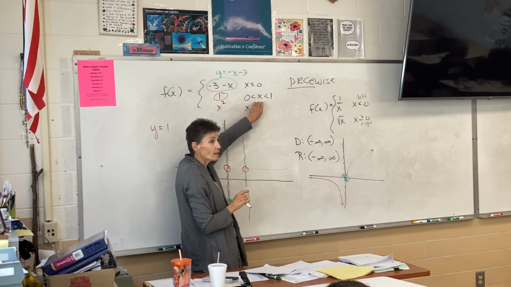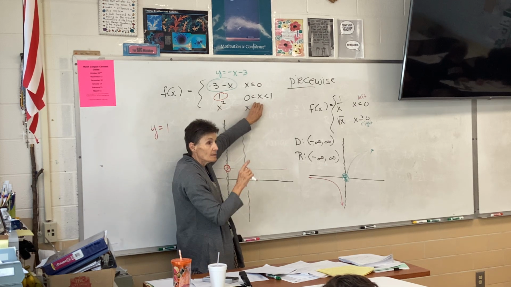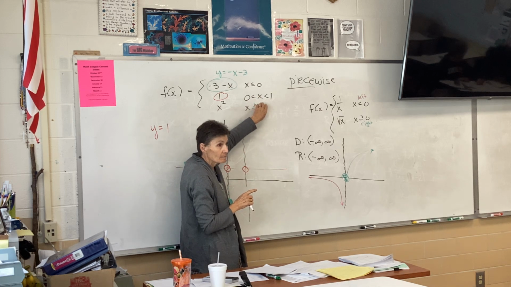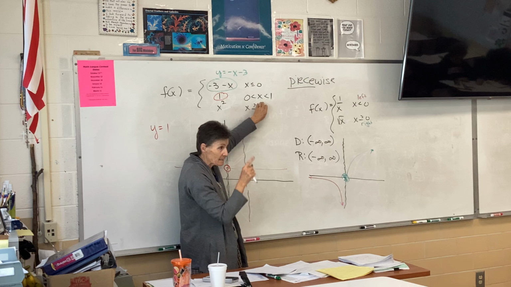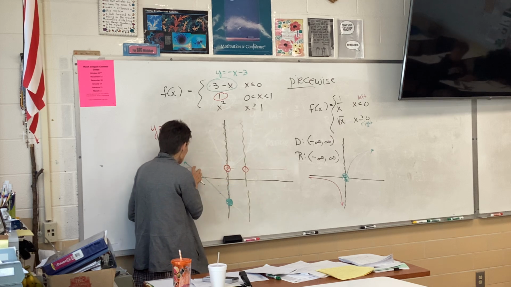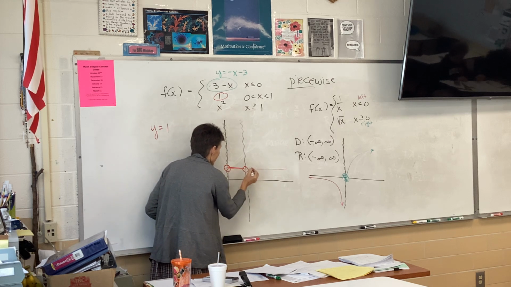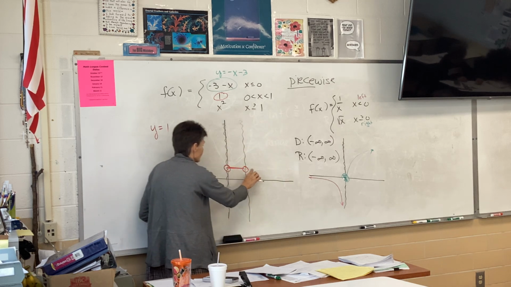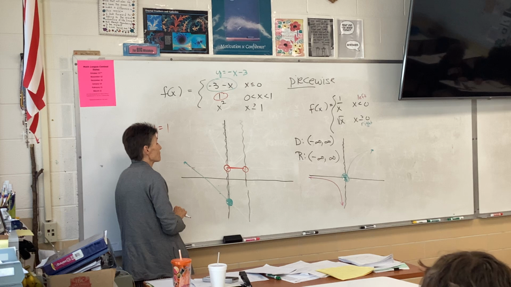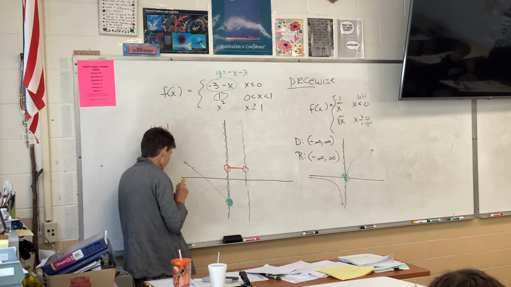And what part of it do I keep? Not left, not right, middle. I keep the part between 0 and 1. So I only keep this part of my line. Okay.